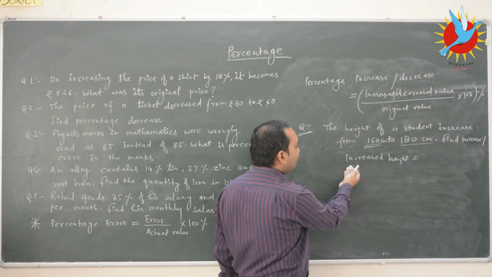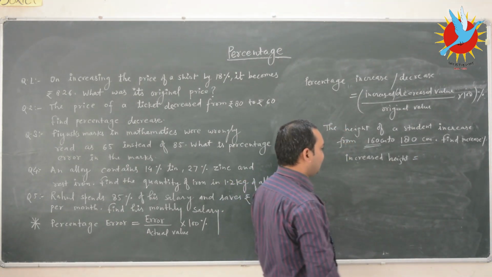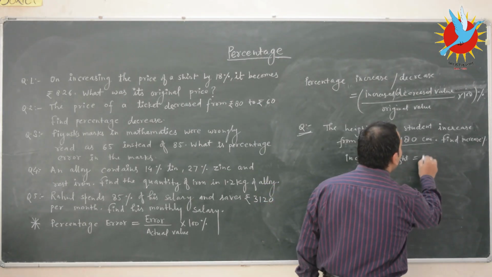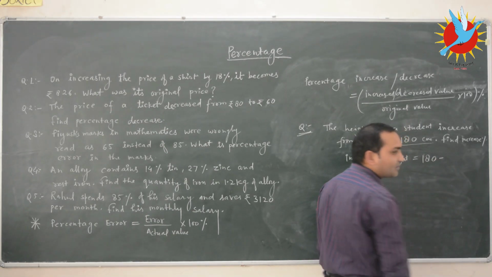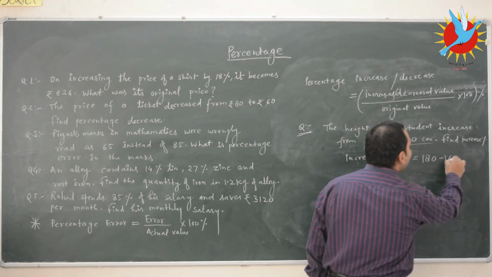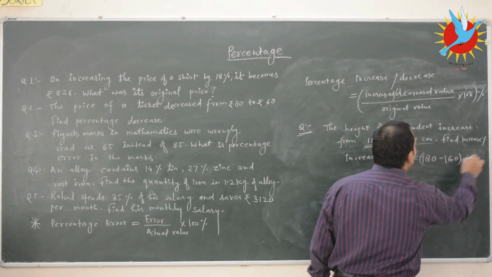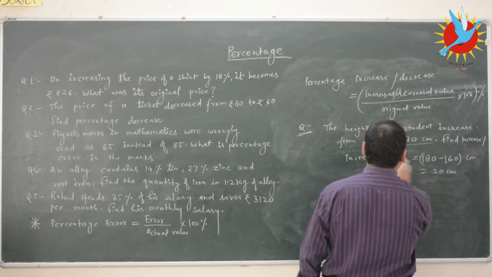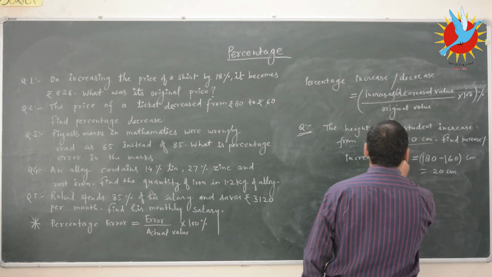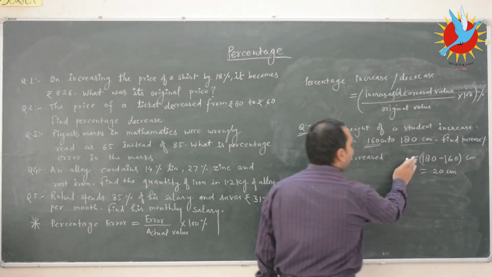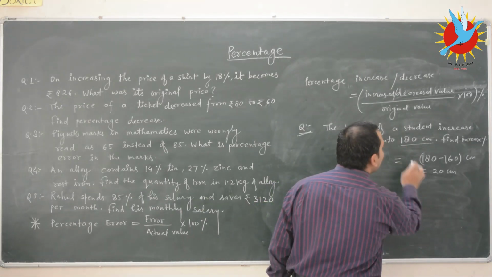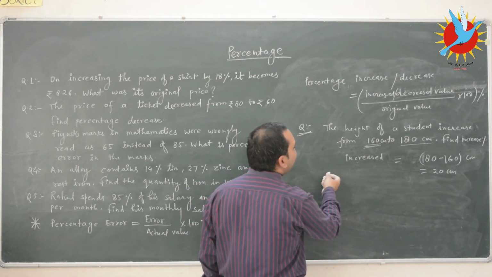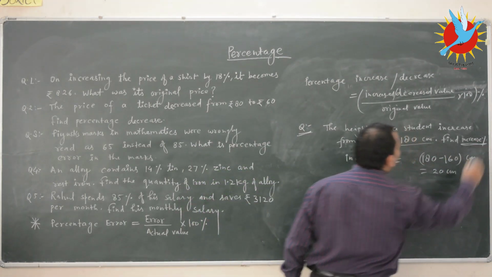So the increased height is equal to 180 minus 160 centimeter, which is equal to 20 centimeter. So we have to find the percentage increase.